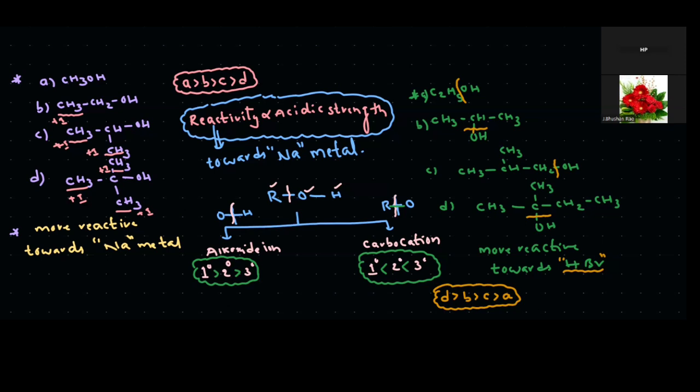Next example. First one CH3CH2OH, ethyl alcohol. Second one CH2CH2OH, here fluorine. Third one CH2CH2OH, here NO2.